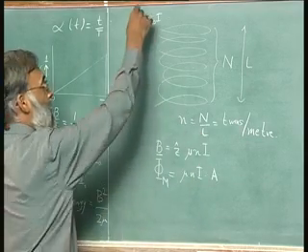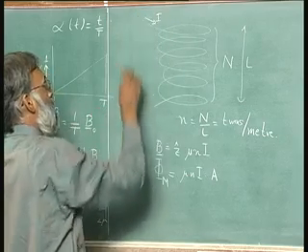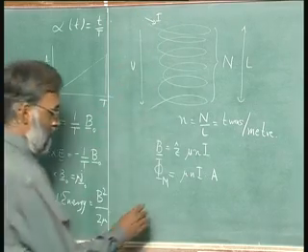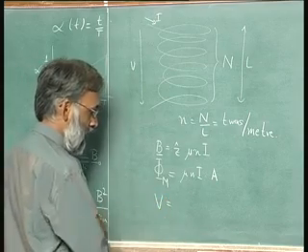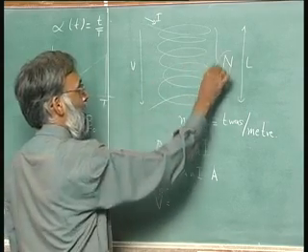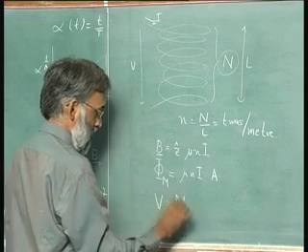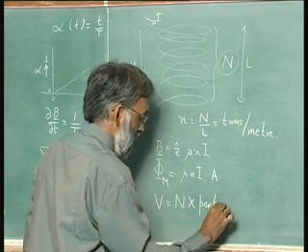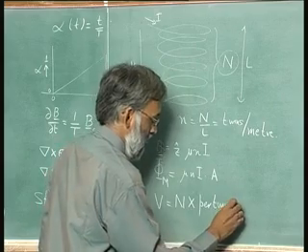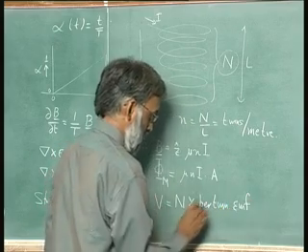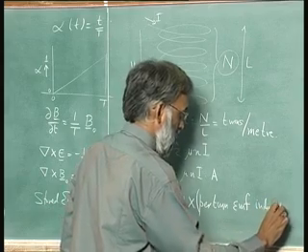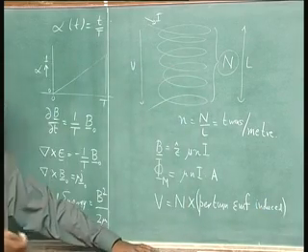Now, I know that the amount of voltage that is dropped V is equal to N times the per turn induced EMF.